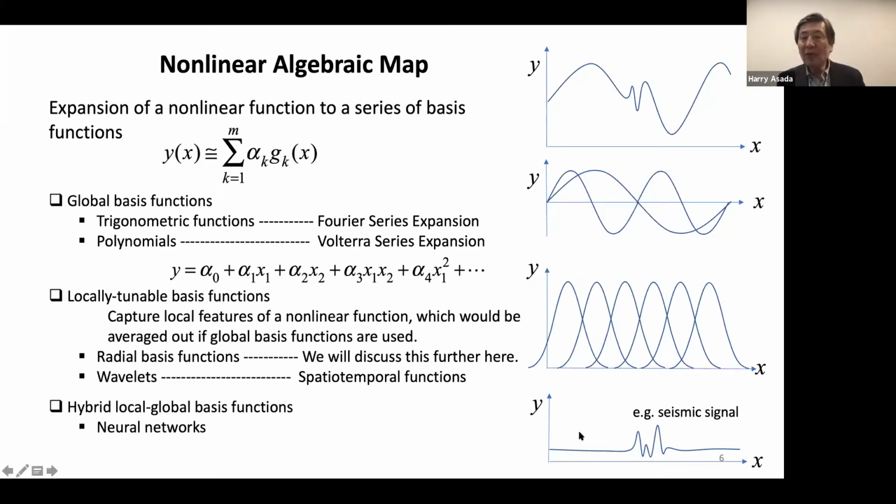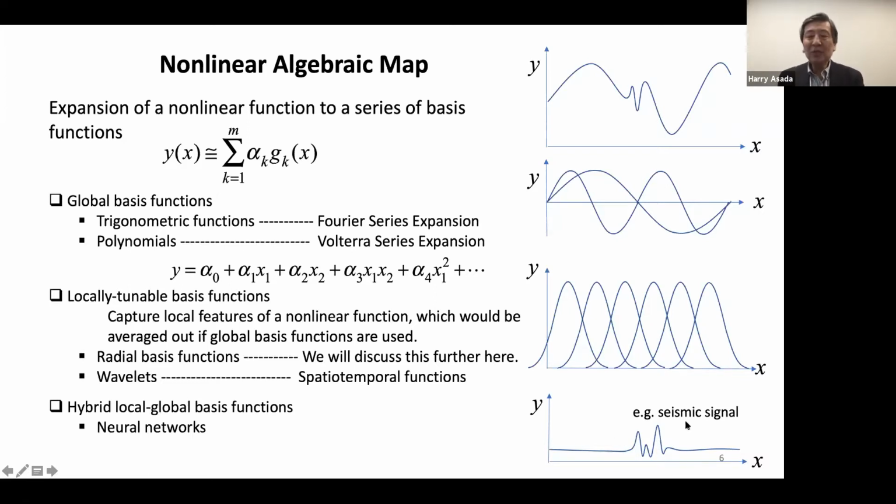Shown here is one example: detecting an earthquake, recording seismic signals. The ground is not moving all the time; it's mostly stationary. But at the time of an earthquake, it shakes, right?